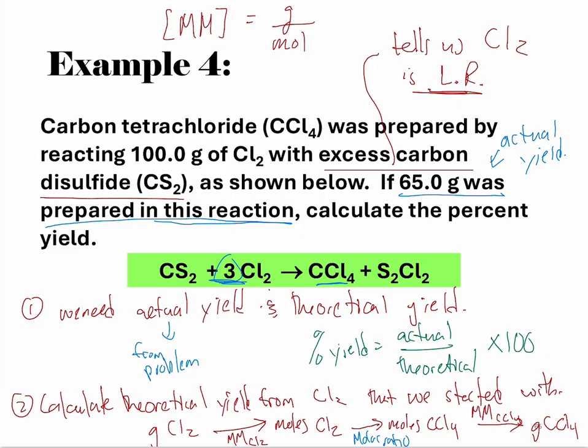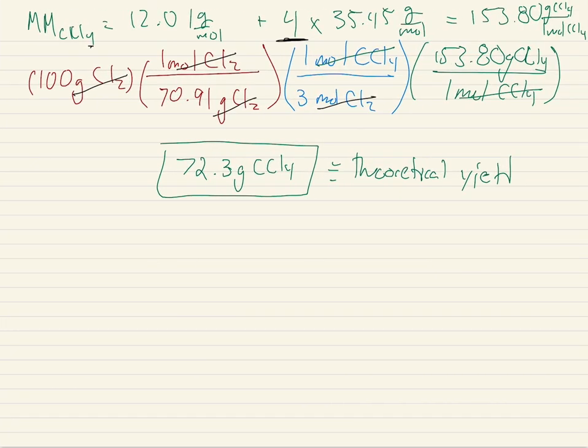Yeah, the actual is smaller. The theoretical yield is more, which makes sense because theoretical assumes that every single reaction that happens is 100% efficient. It's theoretically the maximum we could make. So if our theoretical yield was less than our actual yield, we would say something's not right here. As long as our theoretical yield is more than or equal to the actual yield, we're good. So this is greater than actual yield, and that tells us we're on the right track here.